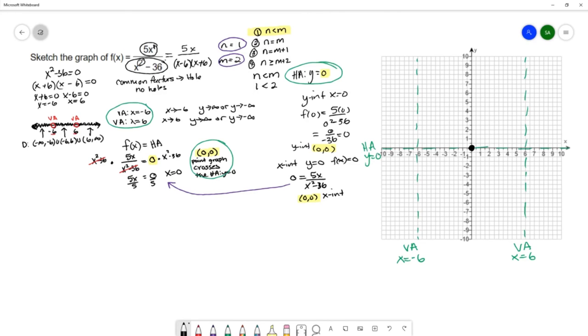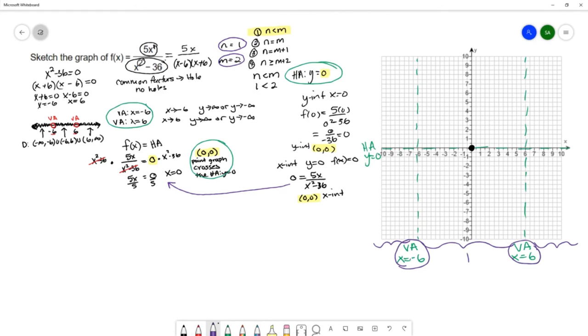So this is all the information I have so far, and I don't feel confident in drawing the lines at this point. What I'm looking for is to have some ordered pairs in every one of these sections that are divided up by the vertical asymptote.